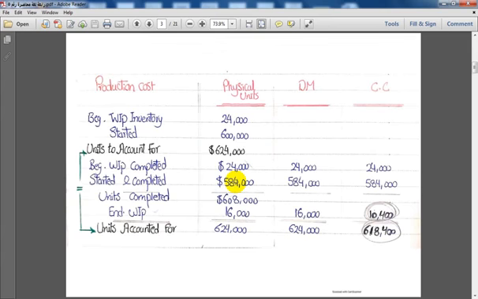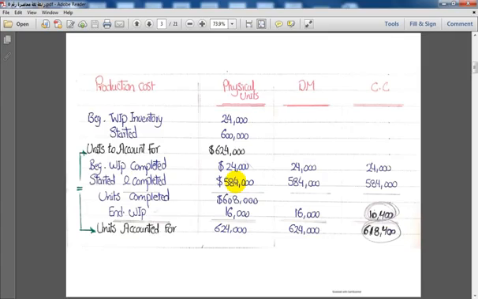So overhead for beginning work in process equals direct labor cost 215,000 times 70% equals 150,500.